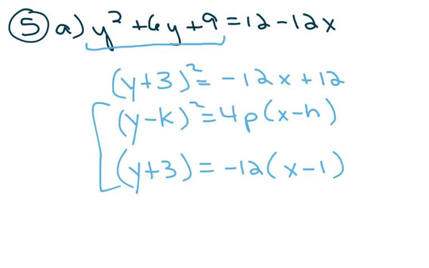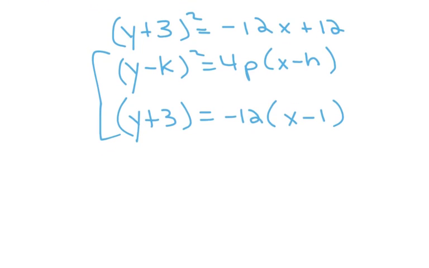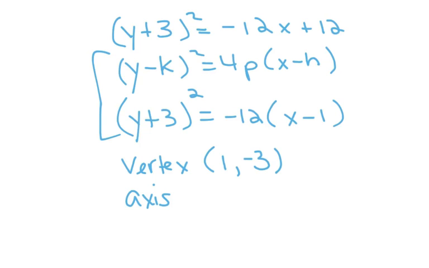Now, this is in the form we have on our notes. Now that I have this written in the correct form, I'm going to go back and find my important characteristics. Since it's a parabola, the first thing I'm going to find is its vertex, and the vertex is at 1, negative 3. Since this is a parabola that specifically opens to the left, oops, I forgot my square there, the axis of symmetry is the line y equals k.